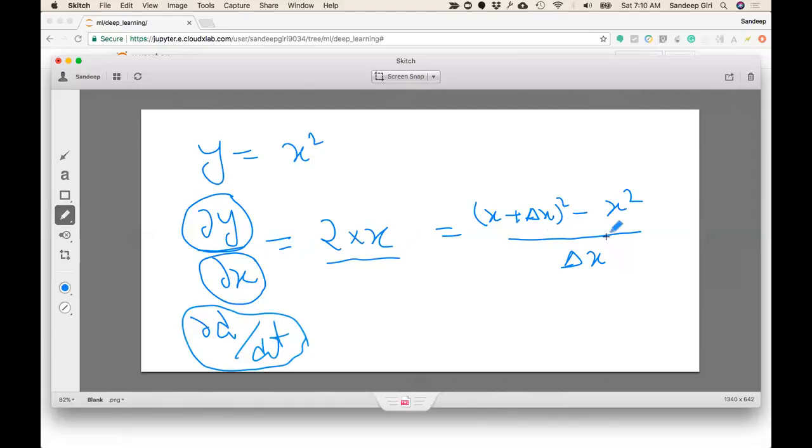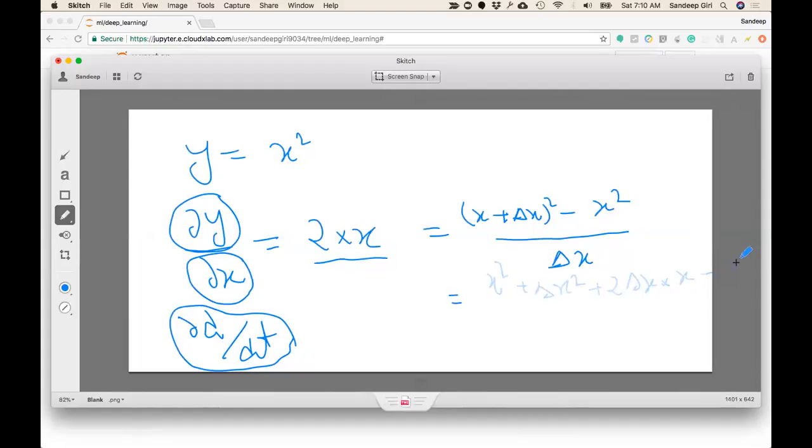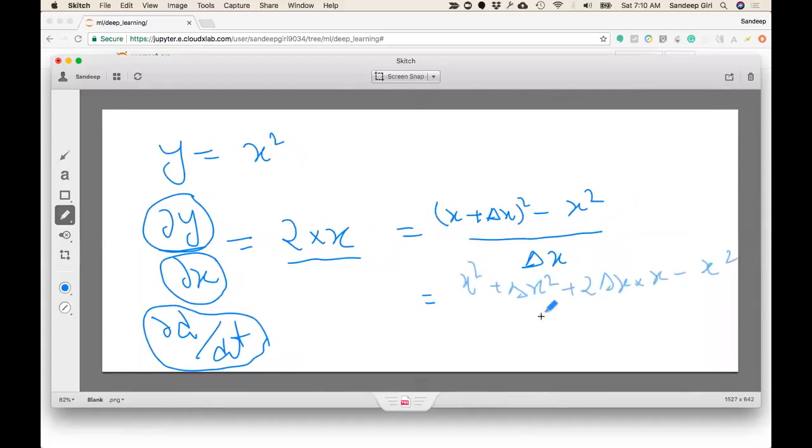Basically this way. When we expand it, it is essentially x square plus delta x square plus 2 of delta x into x, minus x square, divided by delta x. Wonderful.